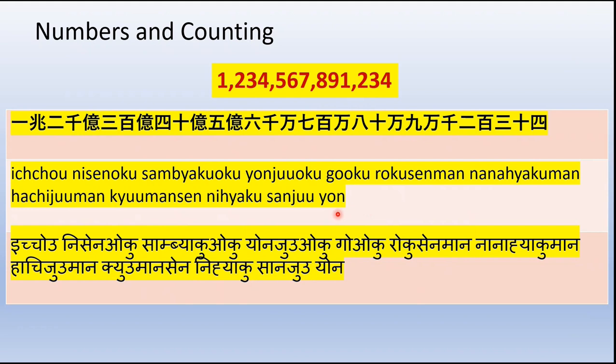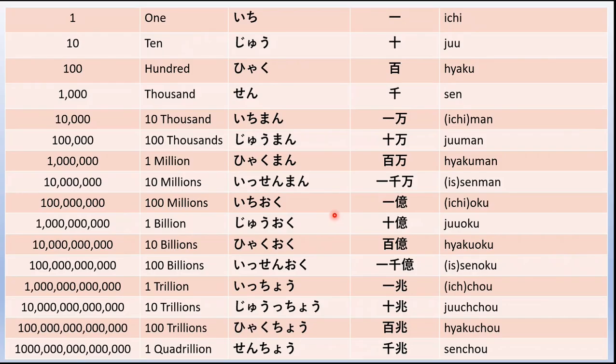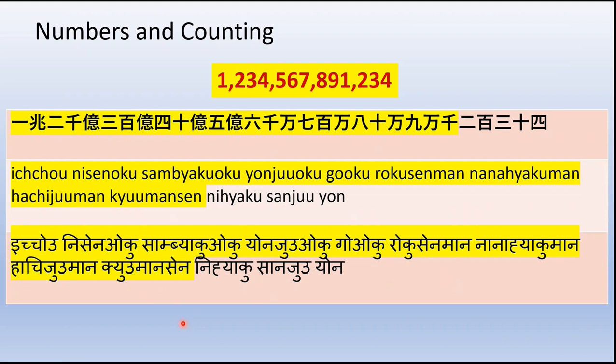So this is how we can derive this number. And the most important is this table. If we understand and memorize this table, then we shall be able to write or read any big numbers at least up to 1 quadrillion, which is more than sufficient in our day-to-day lives.